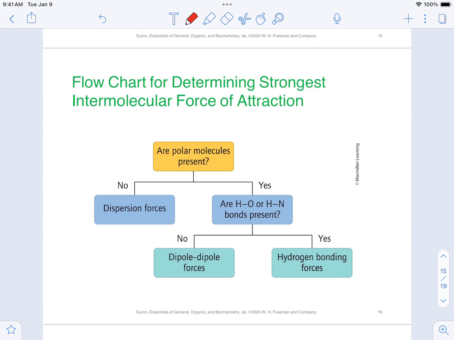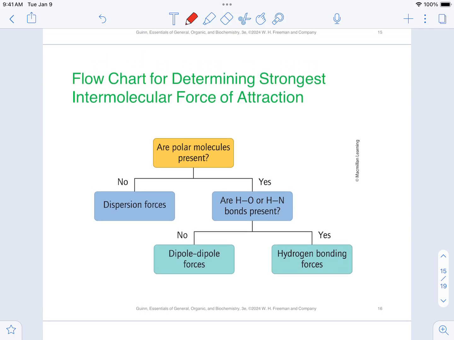I really like this flow chart to help determine what type of force we have. Again, me personally, I would look for hydrogen bonding first, because if it has that, it has everything. But let's just look at this. The first question this is asking is, are polar molecules present? If the molecule is nonpolar, the only force you have are LDFs.